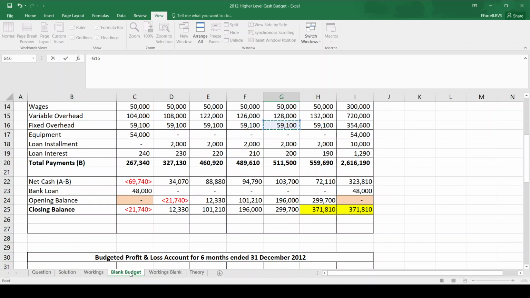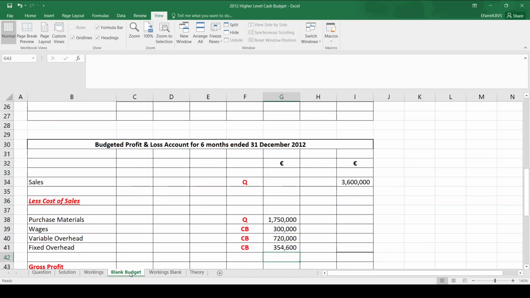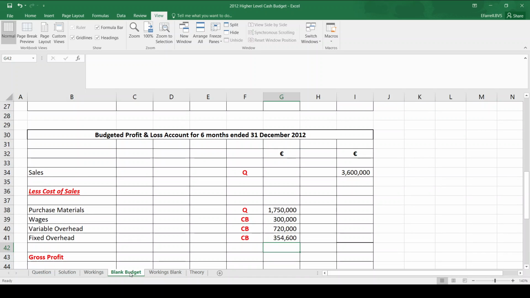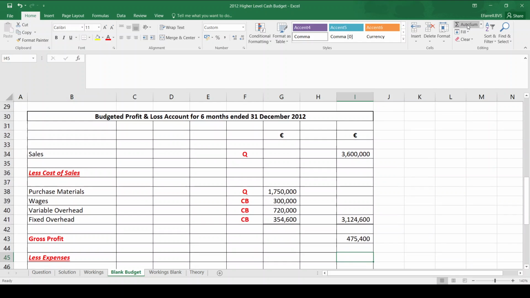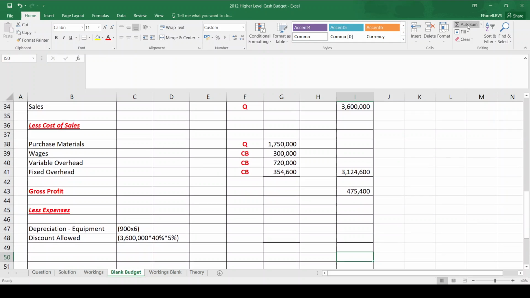Equipment will not go here because equipment is not an expense, it is a fixed asset, so it doesn't go in a profit and loss account. So I'm going to total down these cost of sales, and they come to 3,124,600. So my sales less cost of sales gives me a gross profit of 475,400.